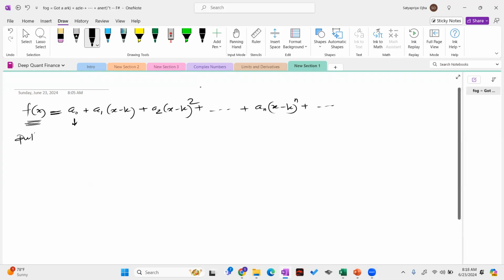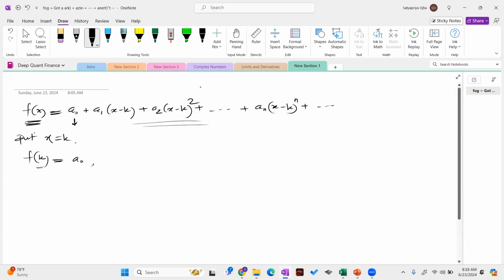Put x equal to k. Left hand side becomes f of k, the value of the function at x equal to k. Right hand side becomes a0. How nice. Everything else is just 0. The value of the polynomial at x equal to k on the right hand side doesn't matter even if it is infinite. It's just a0. And the value of the function at x equal to k is f of k, which you can calculate if I give you the function. So a0 must be equal to f of k.